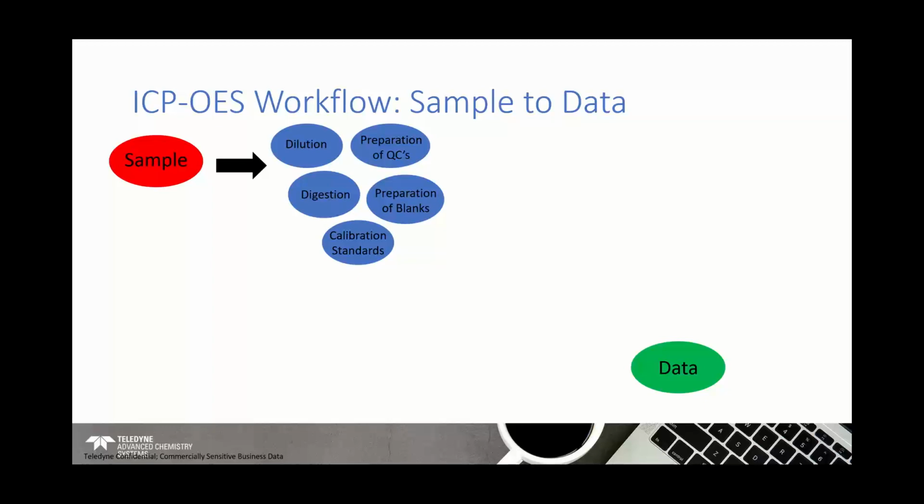We take our signal data from our unknown sample and compare it to the signal data from calibration standards, and that way we can quantify the analyte of interest. As part of that quantification process, there will be certain quality aspects to it as well, so we would need blank solutions as well.